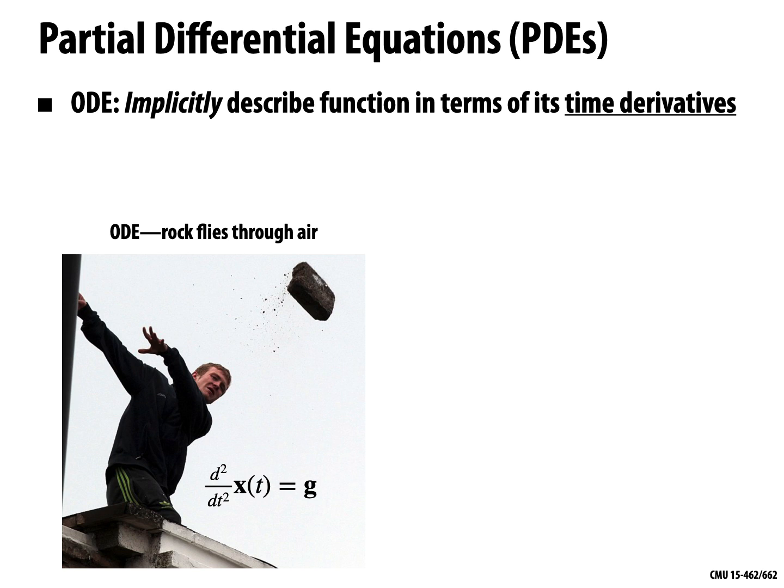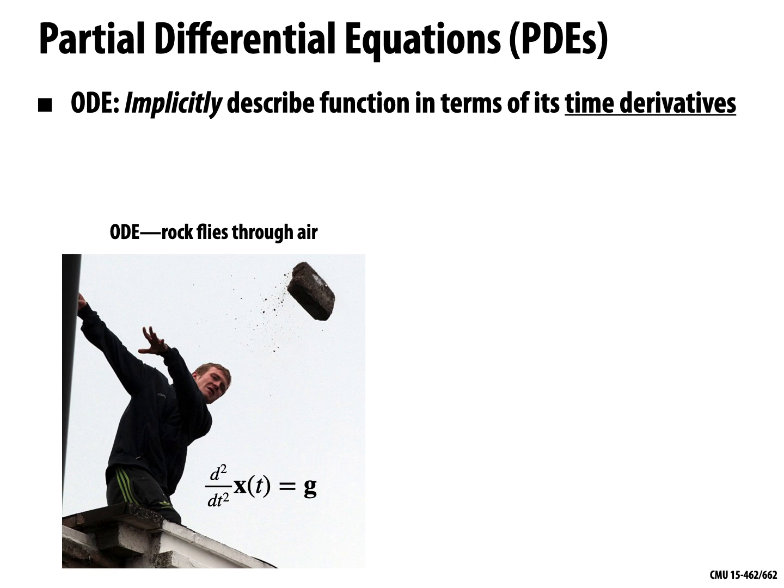So we're saying that the position of the rock is accelerating according to gravity. Now, why do I say that this is an implicit equation? Well, just like our implicit descriptions of geometry, we haven't actually said where precisely this rock is at any moment in time.